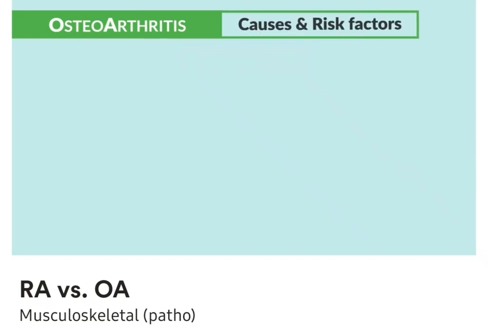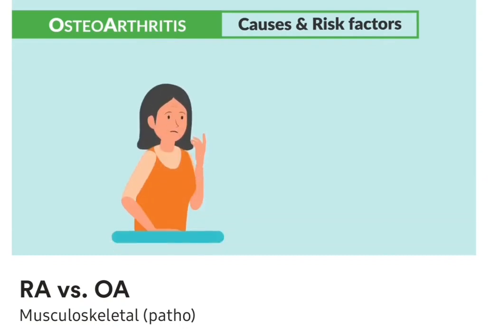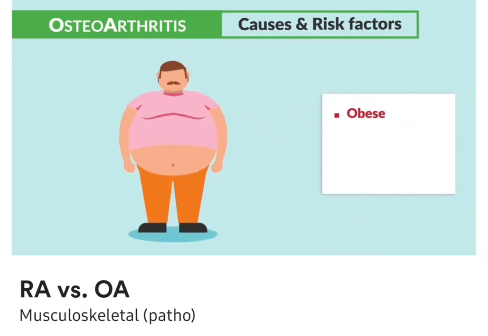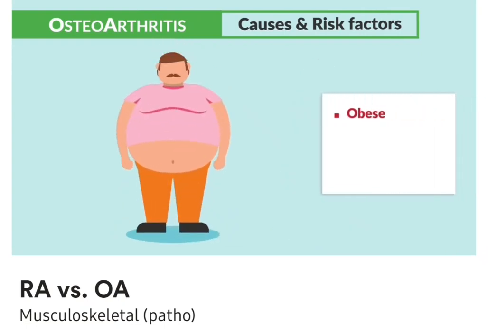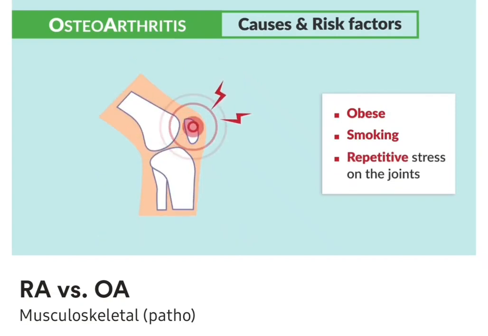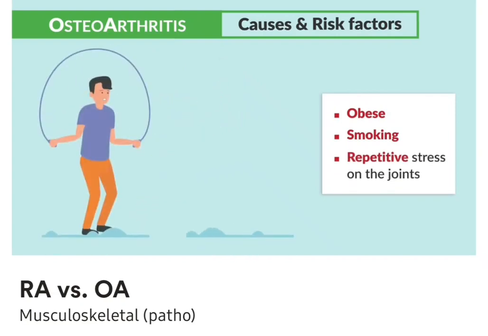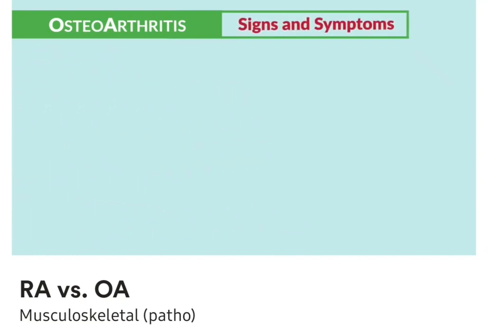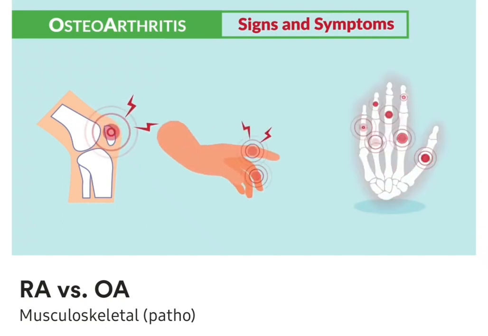Now for the causes and risk factors of OA, it's very common in older age as the body wears down, as well as obese clients who have a lot of extra body mass, and smoking and even repetitive stress on joints from high impact activities, like jumping or running on hard surfaces. Now the signs and symptoms are simple. They include joint pain and stiffness, just like RA.